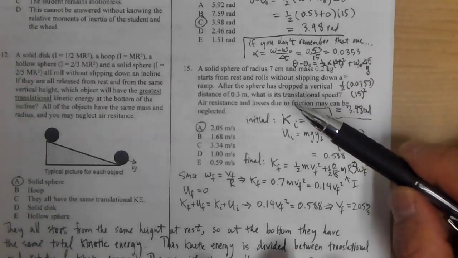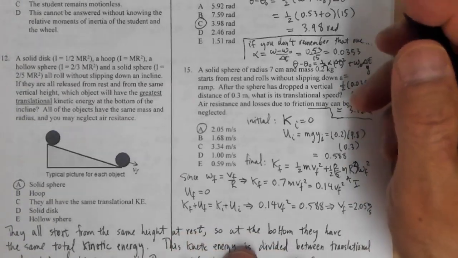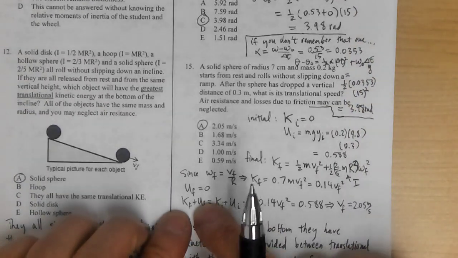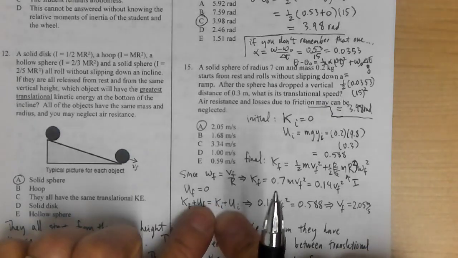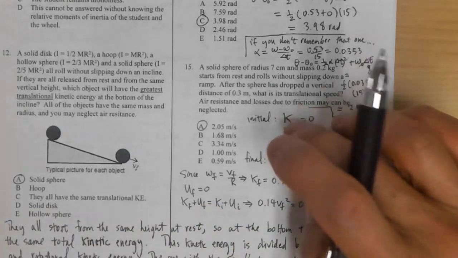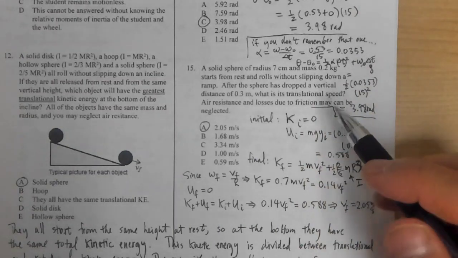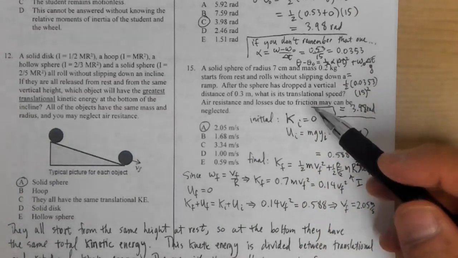So we have conservation of energy, Kf plus Uf is equal to Ki plus Ui, but let's take into account all the little pieces of the kinetic energy.